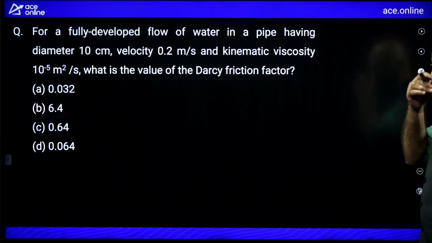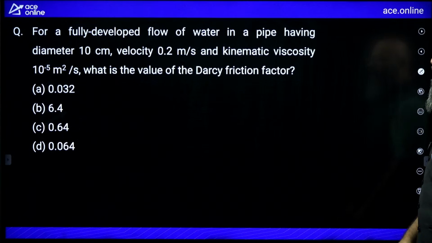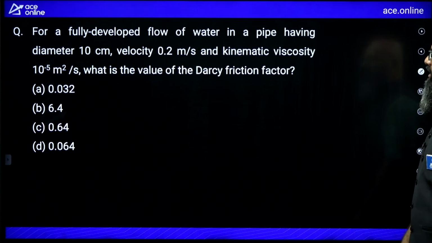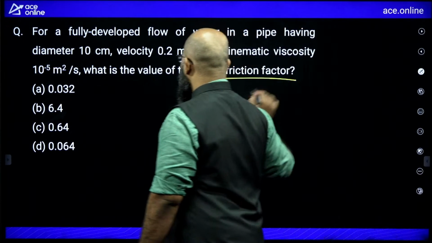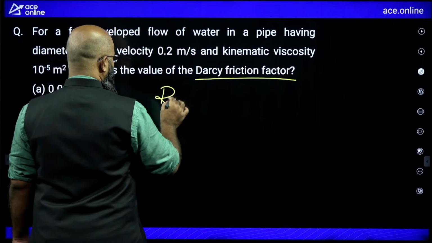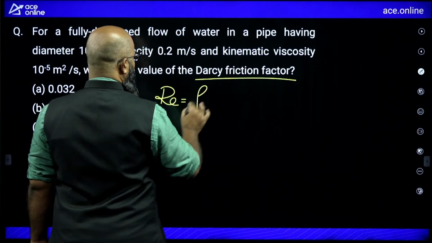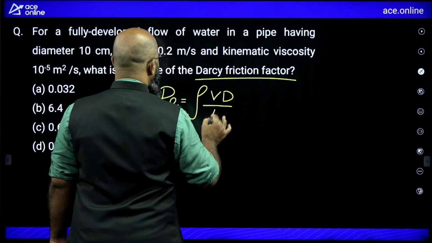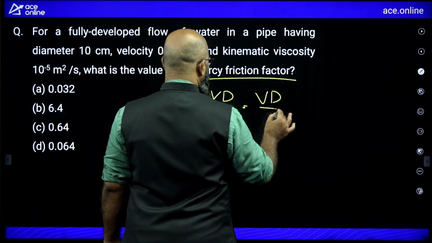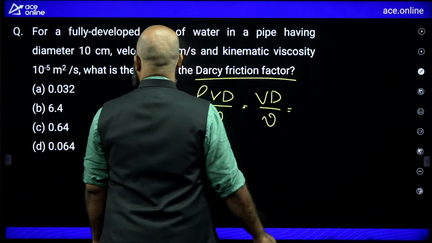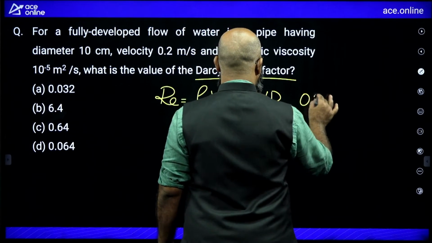Moving further. The question is saying for a fully developed flow of water in a pipe having a diameter so and so, velocity so and so, kinematic viscosity so and so, the value of Darcy friction factor is equal to how much? So Reynolds number is equal to how much? It is equal to rho Vd by mu, or you can say it is equal to Vd by nu. Velocity is given as how much? It is given as 0.2.